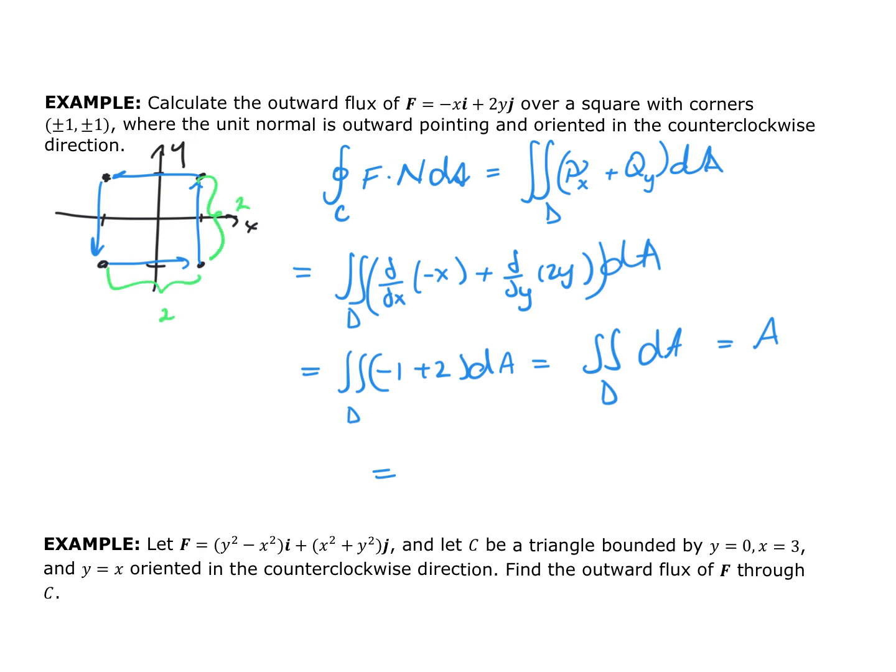From here to here is a distance of 2, so it's 2 multiplied by 2, so the answer is just 4. It's kind of nice.